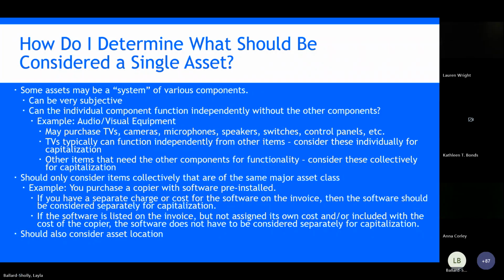As an example, you buy a copier, it has software pre-installed. If your invoice for that purchase has a separate line item for the software, you need to consider that separately.